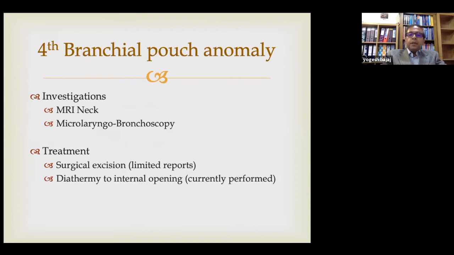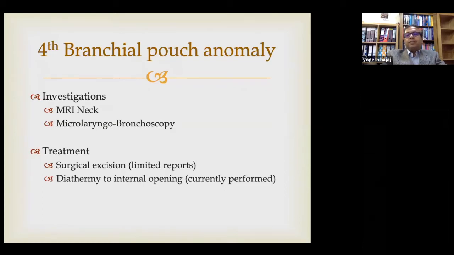Once I've done an MRI scan, it confirms or gives me a suspicion. The second investigation I would do is a microlaryngeal bronchoscopy. And ultimately, with these lesions, you're going to need some kind of surgical procedure.